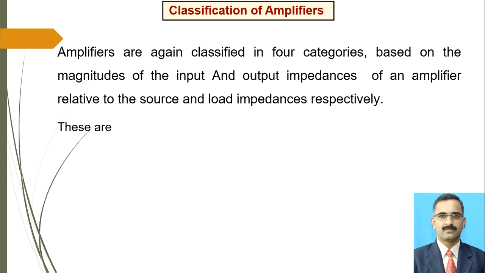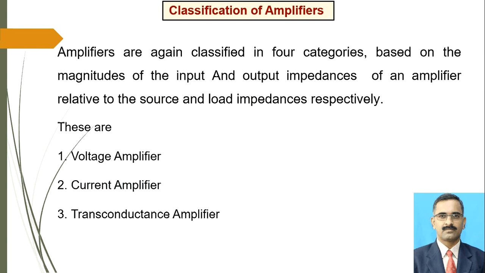Now these types are: the first classification is the voltage amplifier, the second is the current amplifier, the third is the transconductance amplifier, and the fourth is the transresistance amplifier.